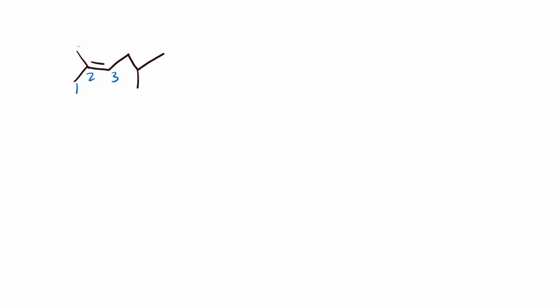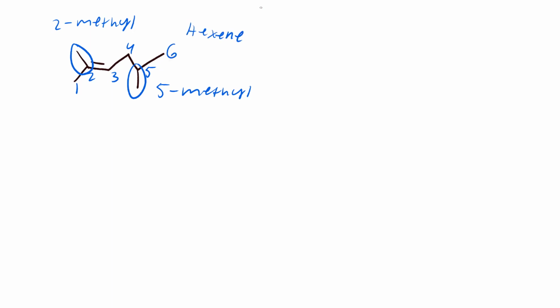So we will say that this is a methyl group on the second carbon. 4 and 5, we will say that this is a methyl group on the fifth carbon. And that's 6, so this is going to be hexene. It would be hexane, but a double bond makes the "ane" change to an "ene".